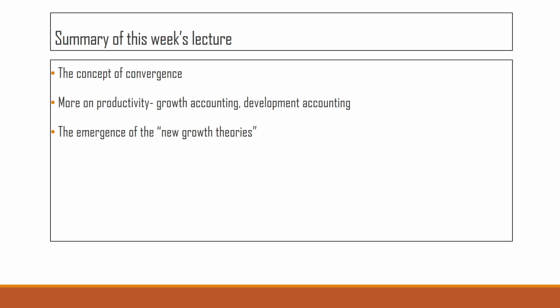And finally, we talked about the emergence of the new growth theories or the endogenous growth models. We talked about some of the proponents of this kind of model, and this is a huge area in and by itself.